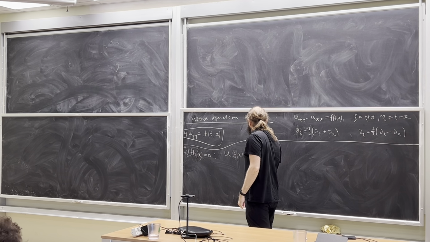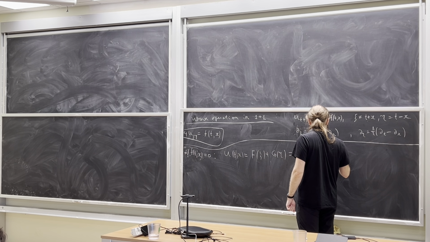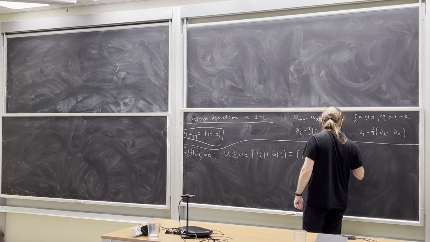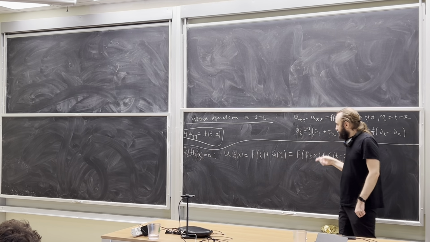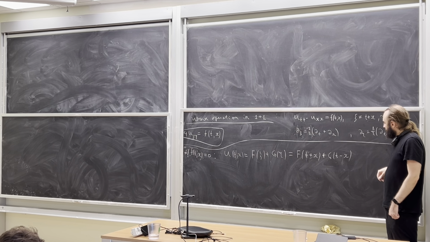So it is f of t plus x plus g of t minus x. It's a general solution of the homogeneous equation. Any questions on this?